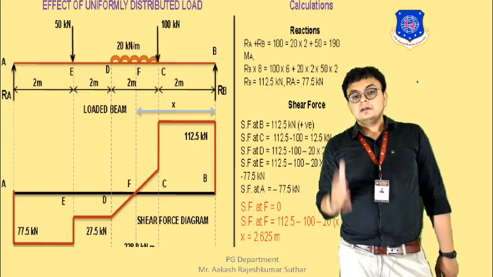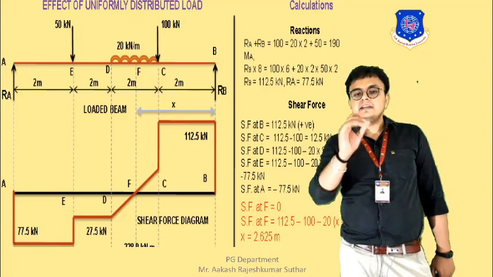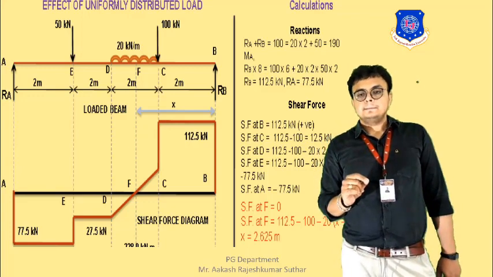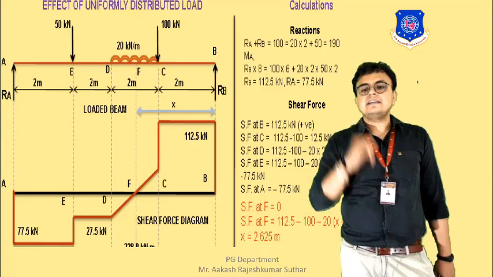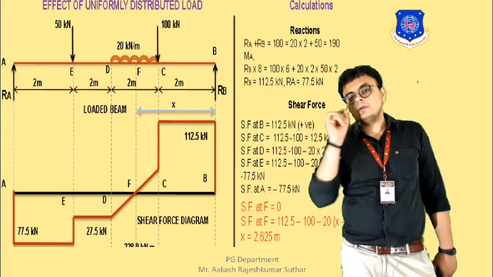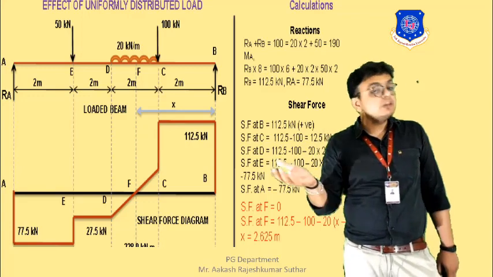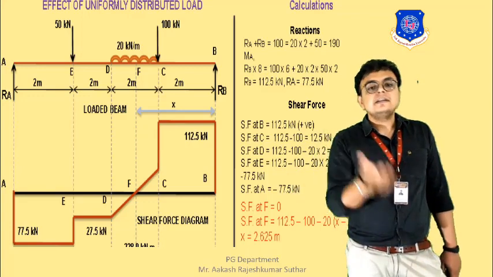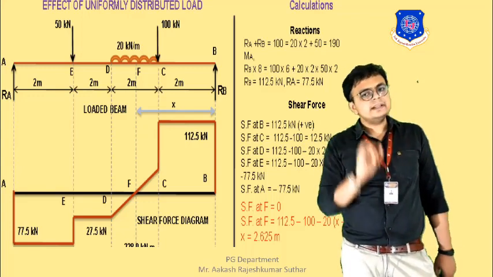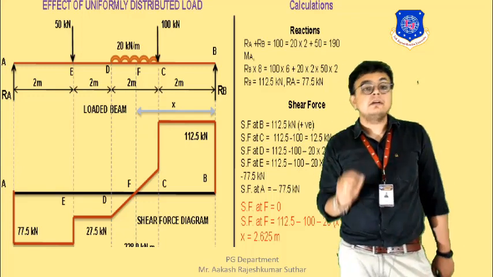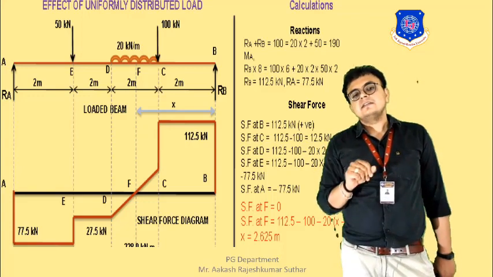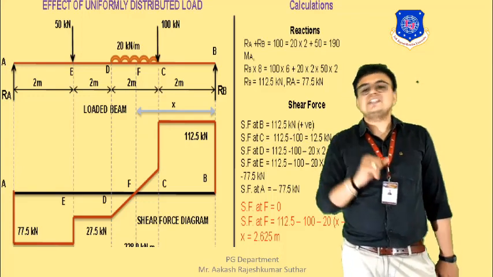Now we need the shear force at E. Previously at D we got minus 27.5 kilonewton, and that will be constant till E. Moving from D to E, the shear force will be constant, that is minus 27.5. At point E we have the load of 50 kilonewton in the downward direction.